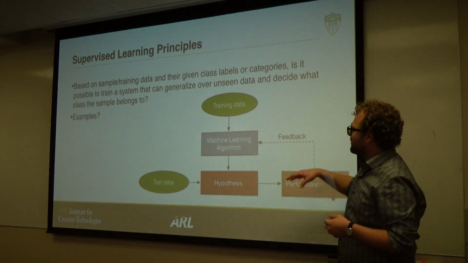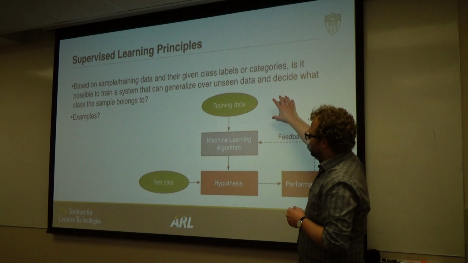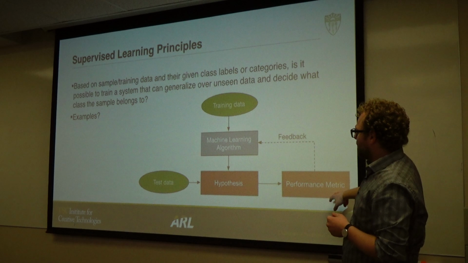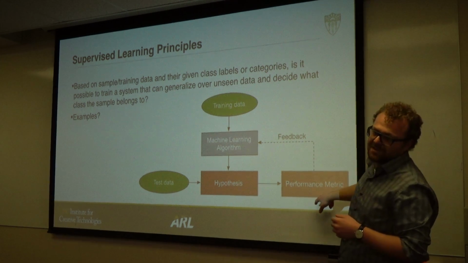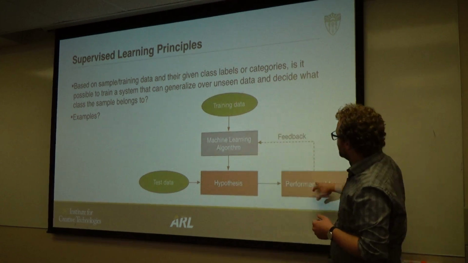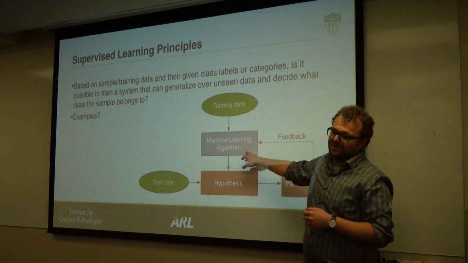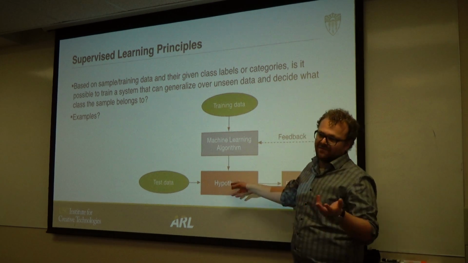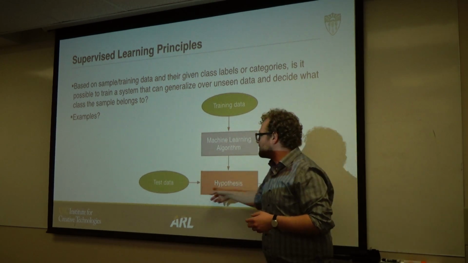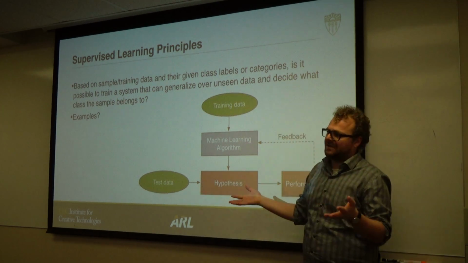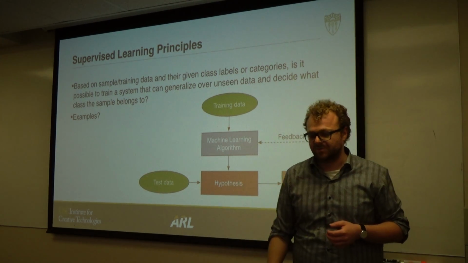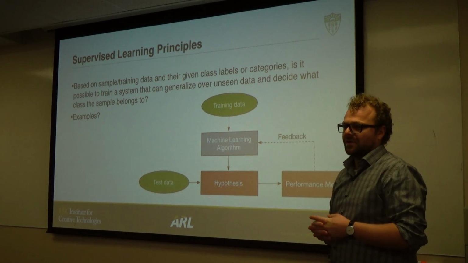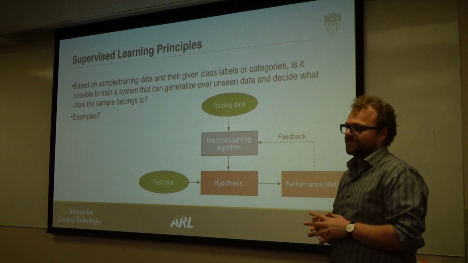And again, to bring back this function here, we have training data with the machine learning algorithm, we generate the hypothesis, we look at how good the hypothesis works on the training data, right? And we give feedback to the machine learning algorithm about this so that we can adapt our parameters and then maybe have a better hypothesis. And in the end, we just put in the test data where we don't have labels and see what the hypothesis spits out, okay? So that's the overall idea of supervised machine learning.